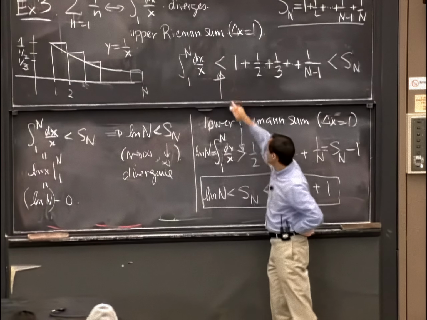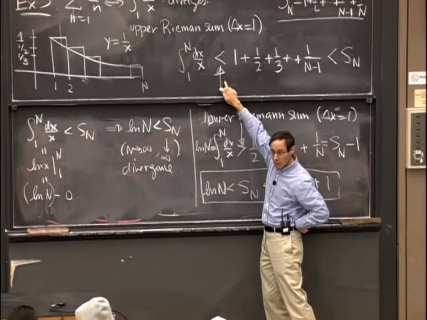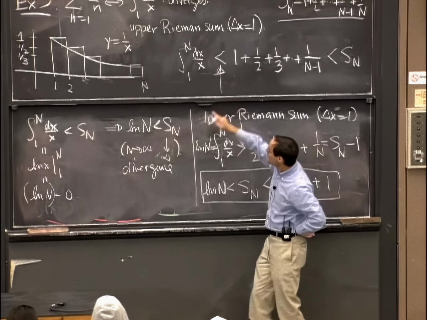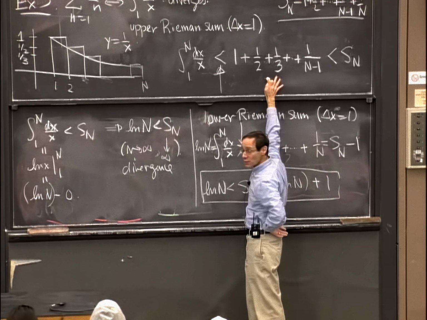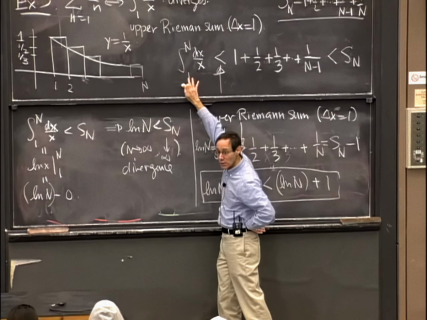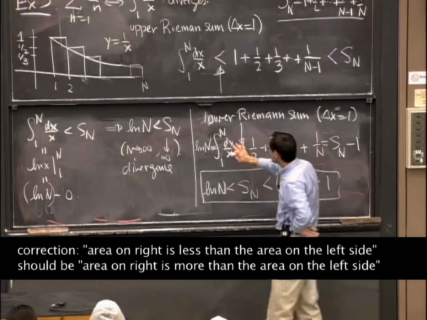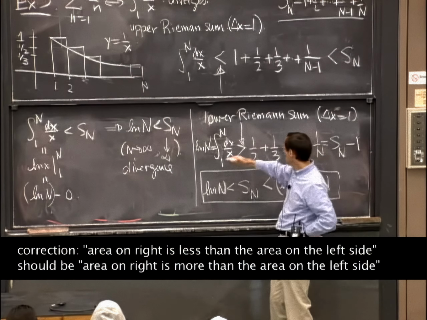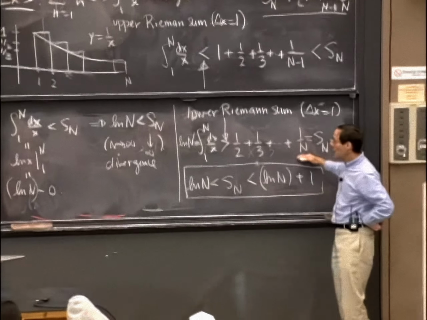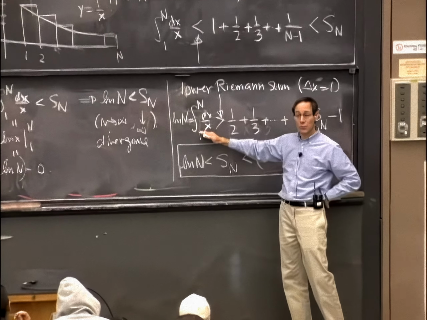It's the same type of argument. In this case, the rectangles are on top, and so the area represented on the right-hand side is less than the area represented on this side. And this is the same type of thing, except that the rectangles are underneath. So the sum of the areas of the rectangles is less than the area under the curve.